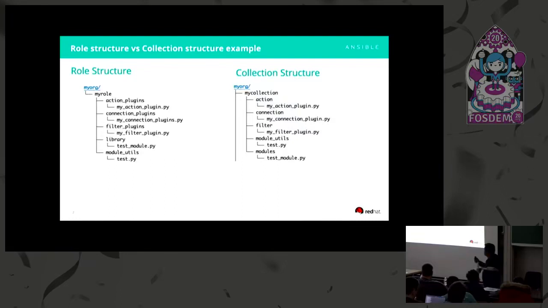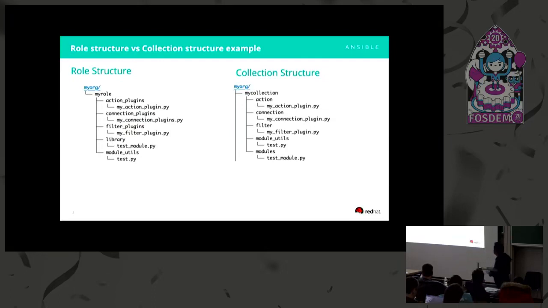Also, the code present in these individual action plugins or connection plugins cannot be shared across each other. The library folder contains each of the user modules that are written, and module utils is common code shared by the modules themselves. So the common code cannot be shared across the plugin code.